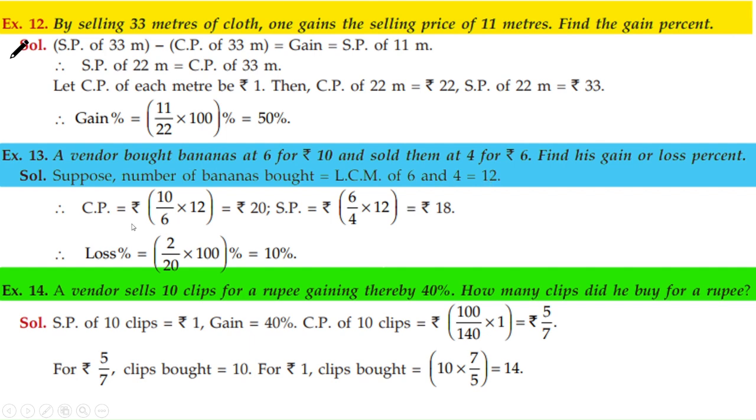Cost price equal to 10 by 6 into 12 equal to 20. Selling price equal to 6 by 4 into 12 equal to 18. Loss percent equal to loss by cost price into 100, that equal to 10%.